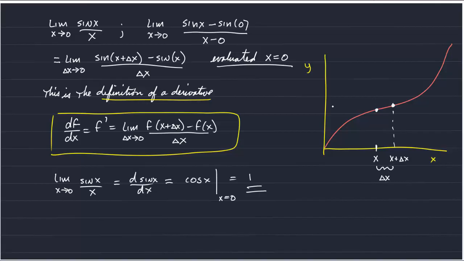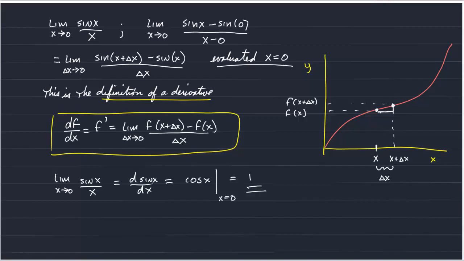Right? So this is the function evaluated at x plus delta x, the right side point, and the left side point is the function evaluated at x. So we take the difference between those two, and so the difference between the two function values is the rise, and the run is delta x.